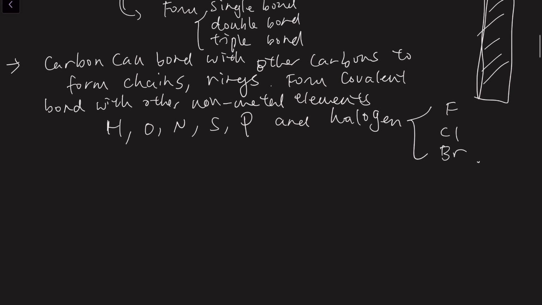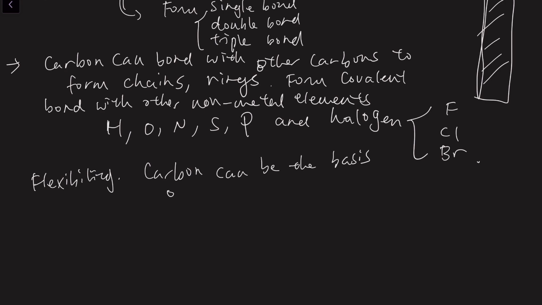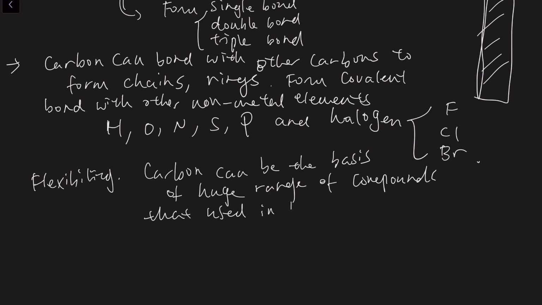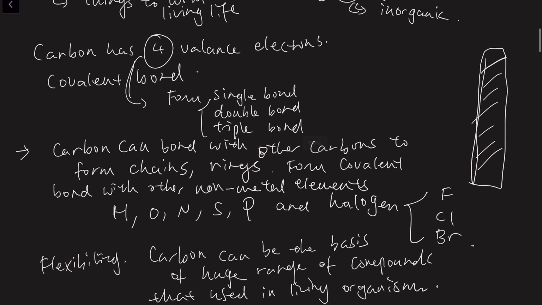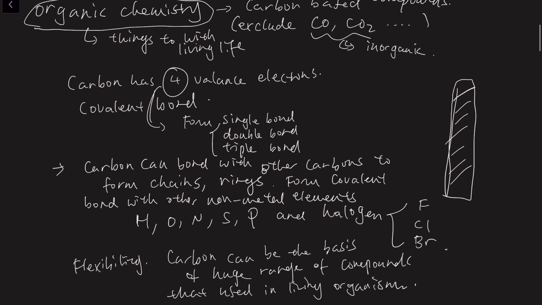And because of this flexibility, carbon can be the basis of a huge range of compounds that are used in living organisms. So that's why we study organic chemistry, and that's why we study carbon, because it is really a very special element. The flexibility is really unbelievable.